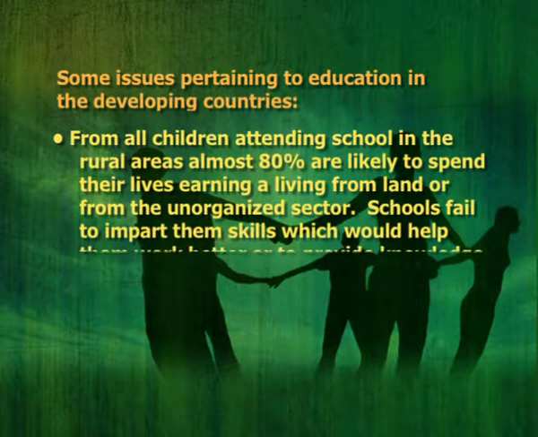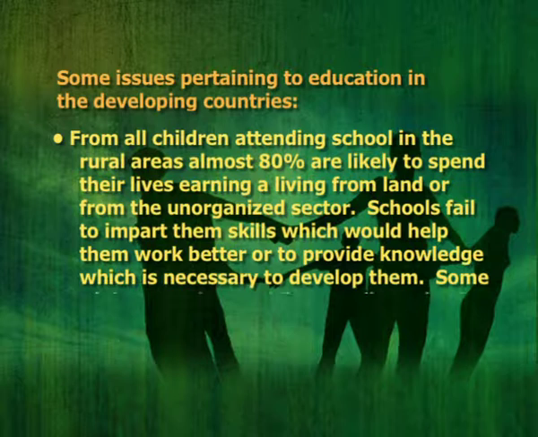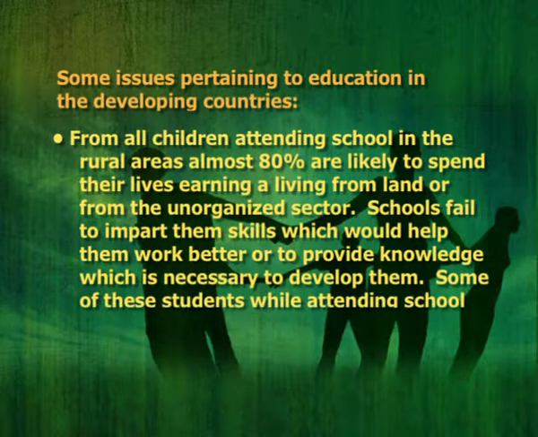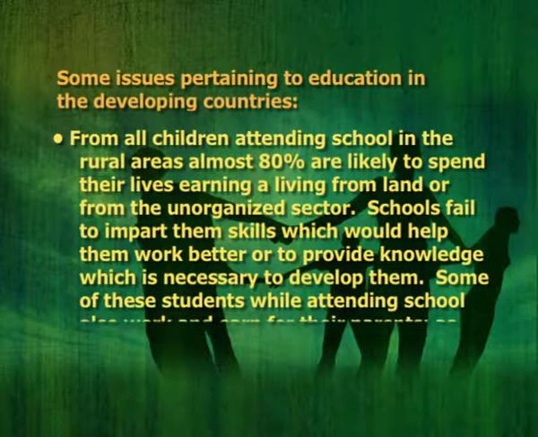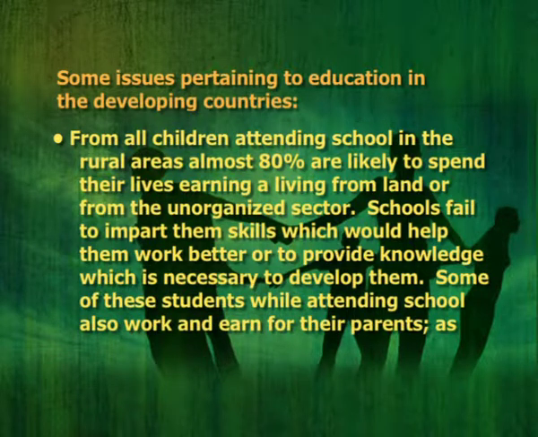Schools fail to impart them skills which would help them work better or to provide knowledge which is necessary to develop them. Some of these students while attending school also work and earn for their parents as child labor.